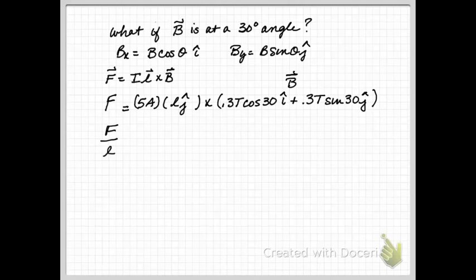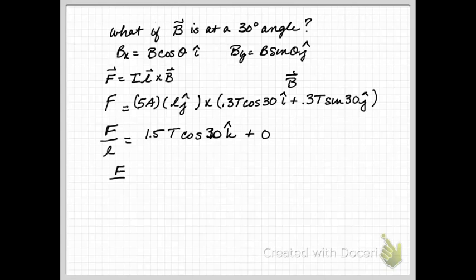So force over L is going to be, this first one is 1.5 Teslas cosine. And then when you do J cross I, you end up with K hat. And then the next one just ends up being 0 because J cross J is 0.